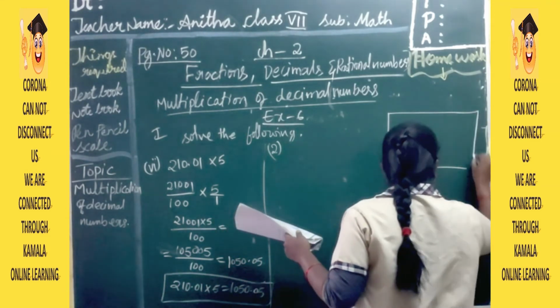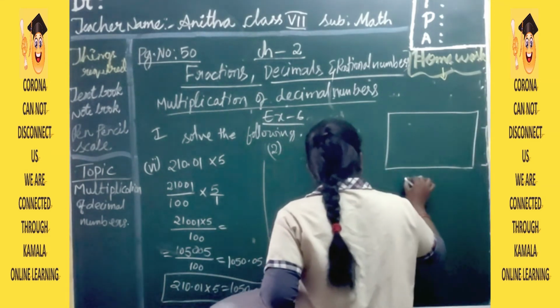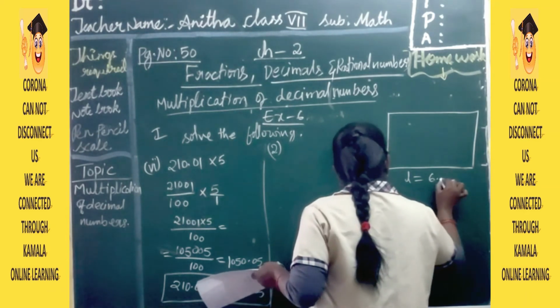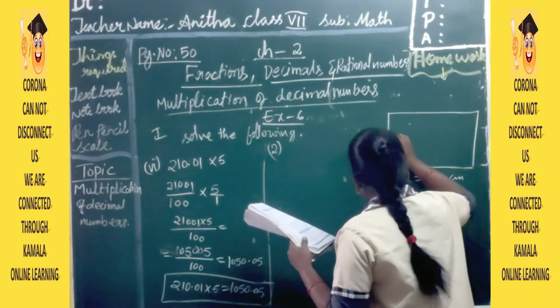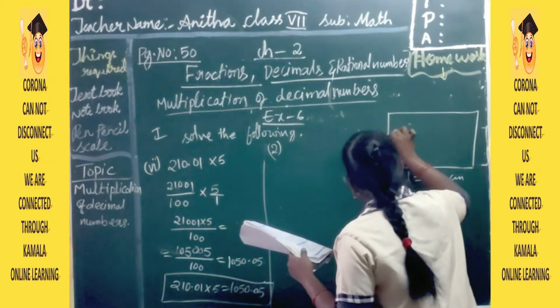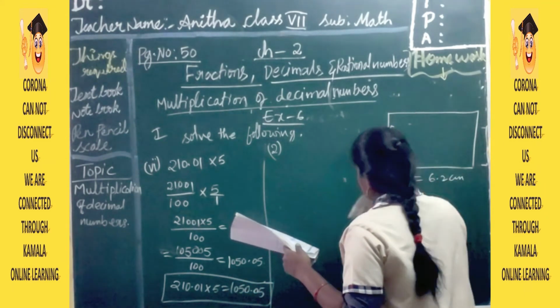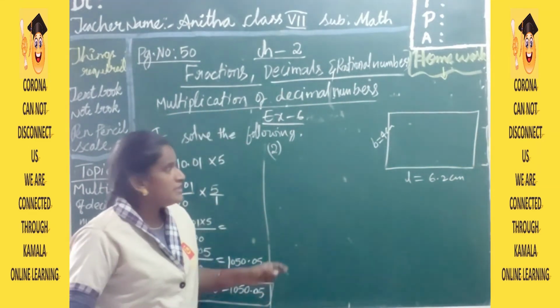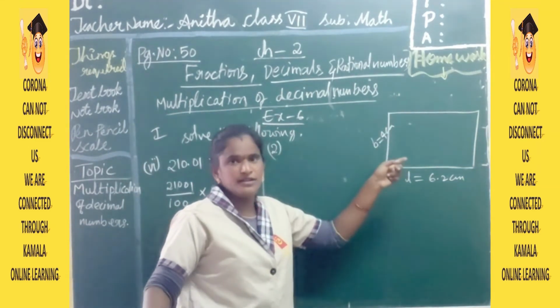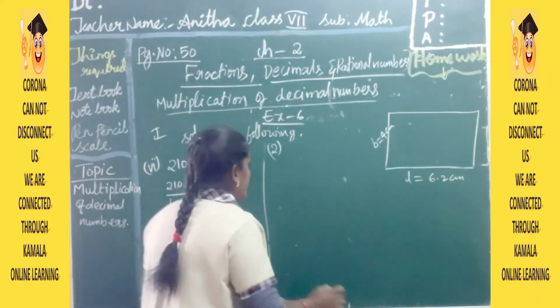This is the rectangle. L value is given, 6.2 centimeters. B is equal to 4 centimeters, also given. We need to calculate the area of the rectangle.